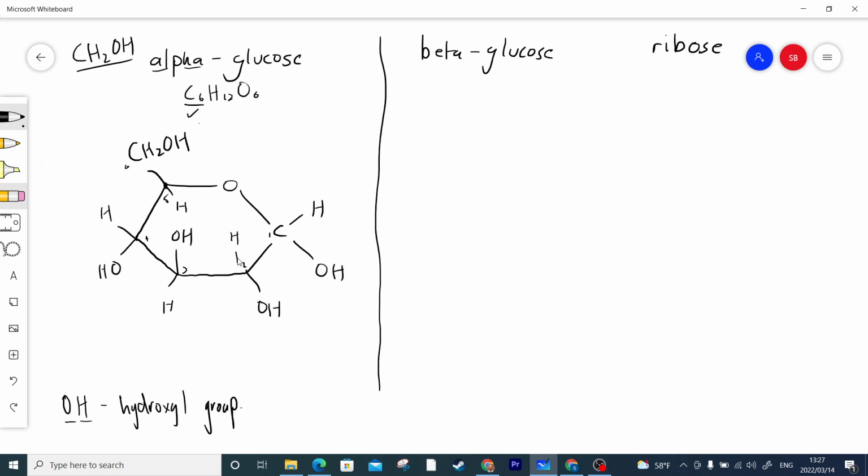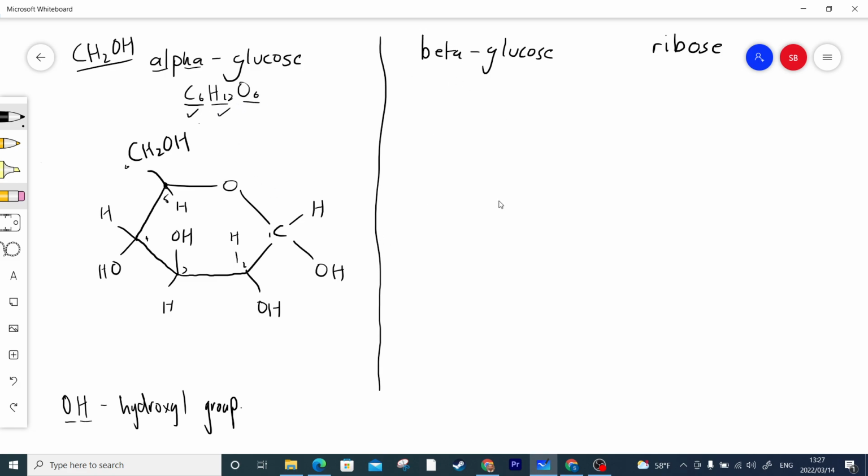I must be missing another one somewhere. Let me see. 1, 2, 3, 4, 5, 6, 7, 8, 9, 10, 11, 12. I've got my H12. The oxygens, 1 over there, 2, 3, 4, 5, 6. I've got my perfect molecule. So that's where they get this breakdown from.